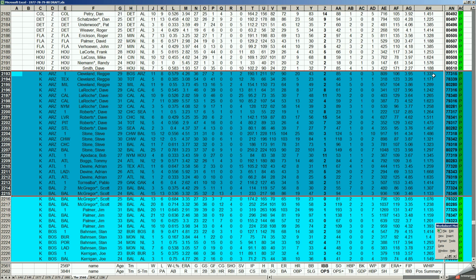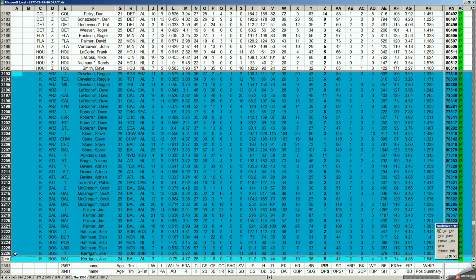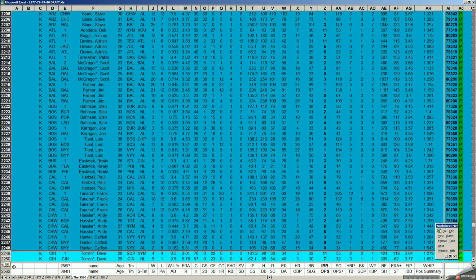And the statistic to sort under is WHIP, walks and hits per innings pitched, which is column AH in ascending order. So we're going to do the same thing. We're going to use columns DF and AH this time.